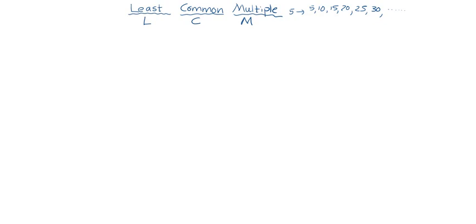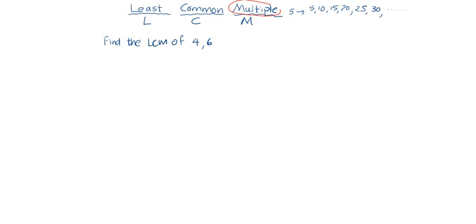Let's say for example it says find the LCM of 4 and 6. In step 1, like we did for greatest common factor or GCF, you start at the end.